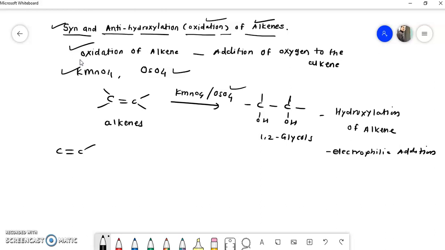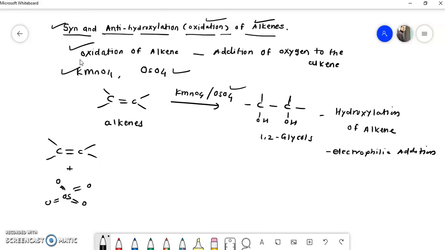Suppose this is the starting material, and we subject this to KMnO4 or osmium tetroxide; suppose I take osmium tetroxide here. So this is the structure of osmium tetroxide, remember, like this. So what will happen?